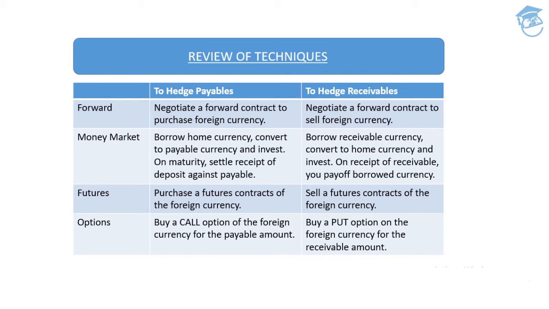I'll simply borrow my receivable currency, that is my dollars, convert the same into my home currency because that is something I'll require for my own survival, and invest it for a period of 2 months. Once the payment comes from Mr. Ben, it will directly go to the bank to pay off the amount I borrowed today. That's the complete scenario of money market operations.